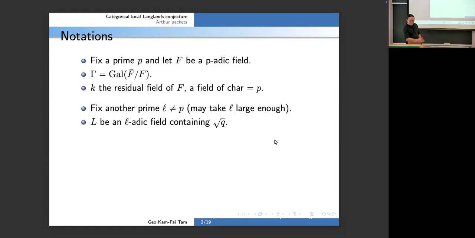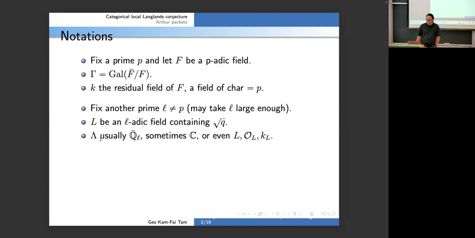Sometimes I will take a field L, which is an l-adic field containing square root of q. And the scalars will be denoted by this Lambda. Usually this capital Lambda will be Q_l bar. Sometimes it will be the complex field, that is the classical case, when we talk about the classical local Langlands correspondence.